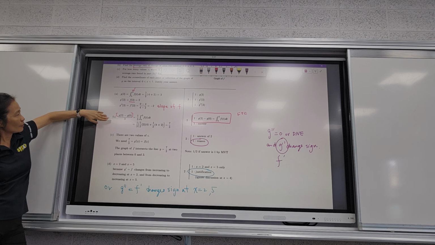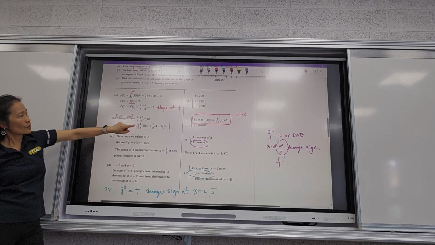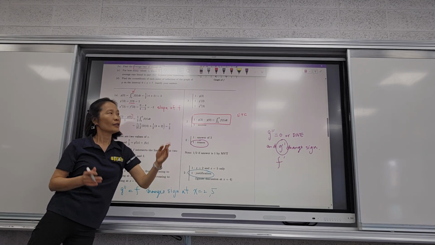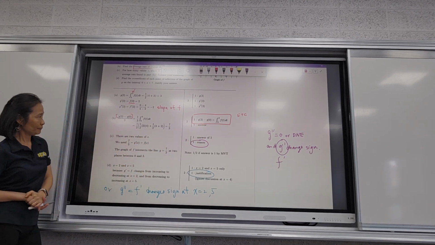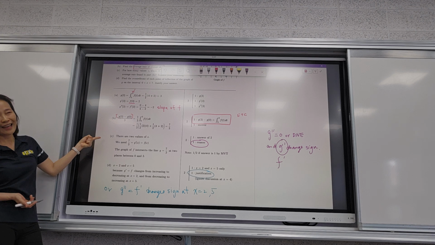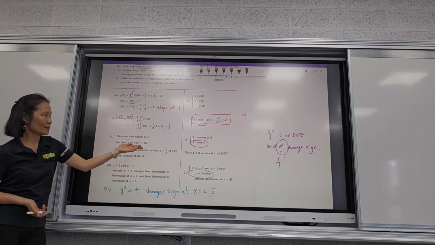Second question, remember we're asking you to find the average value. So 1 point for finding the total change, 1 point for the answer. Okay, number 3C is how many values satisfy the mean value theorem? So there are 2 values. Answer 2, but you need to explain the reason.